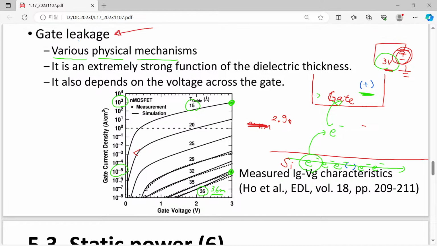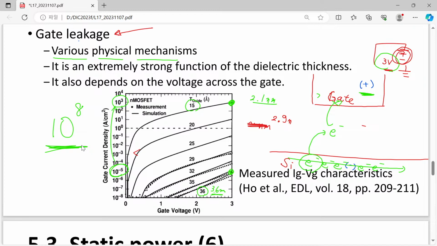So when compared with the original 3.6, you just reduce the oxide thickness by an amount of 2.1 nanometer, and what you get is 8 orders of magnitude increase of your leakage current.